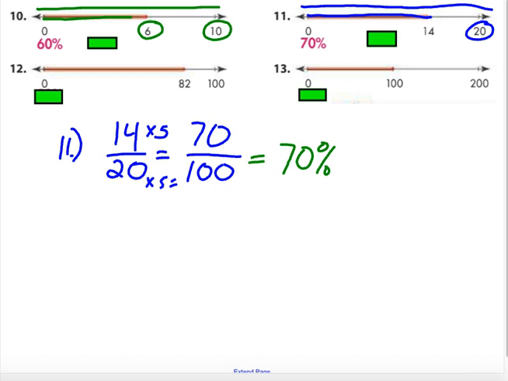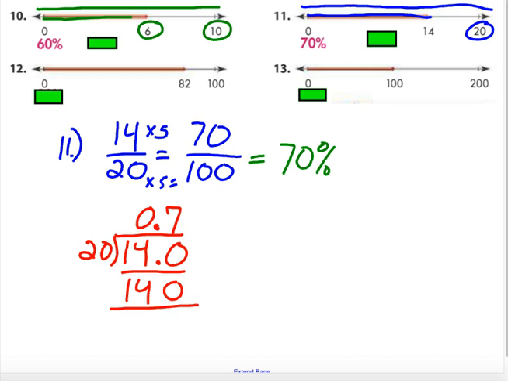And again, we could do it algorithmically by asking ourselves, okay, if I divide 14 by 20. I put my decimal point in, annex a 0, bring my decimal point up. 20 will go into, I'm sorry, I mixed that up there. Yeah, 20 cannot go into 14, but it can go into 140. It will go in 7 times. 7 times 20 is 140.